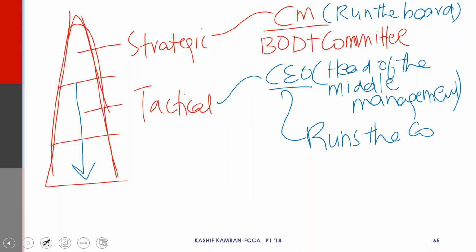At the technical level is 1. Is that clear in terms of their hierarchy? Okay, so please remember this hierarchy. This will help you in the later part of the syllabus, but these are 4 very important individuals we should know in corporate governance.